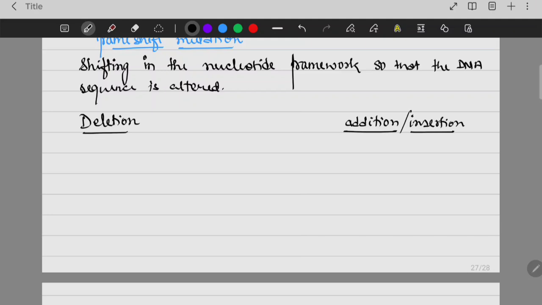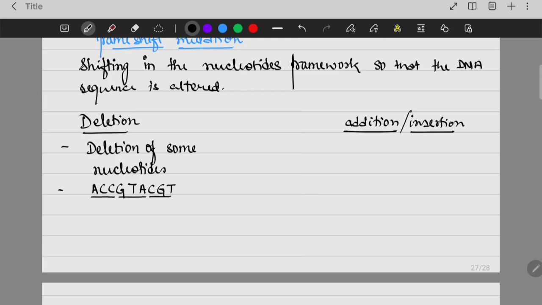Now in deletion there is deletion of some nucleotides. Example, if I give ACCGTACGT, here I can see that there are three codons present.